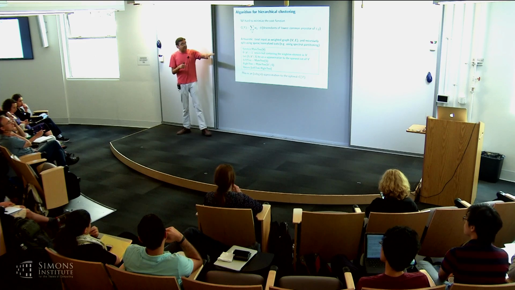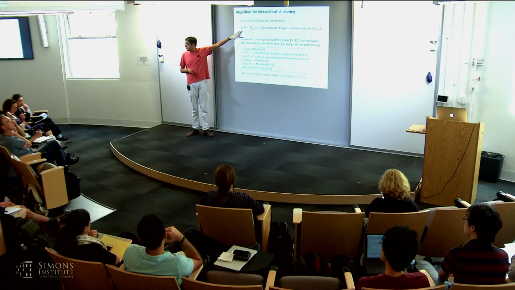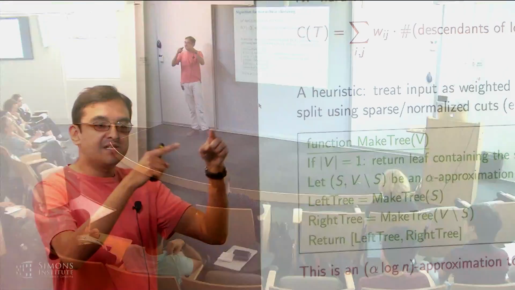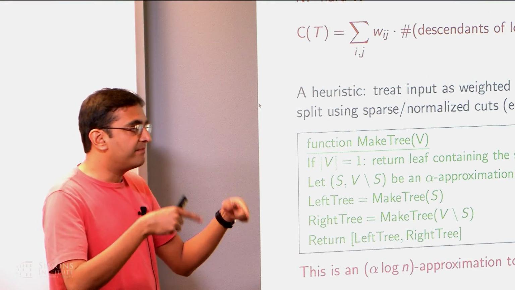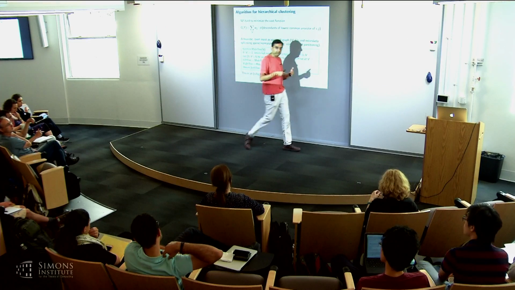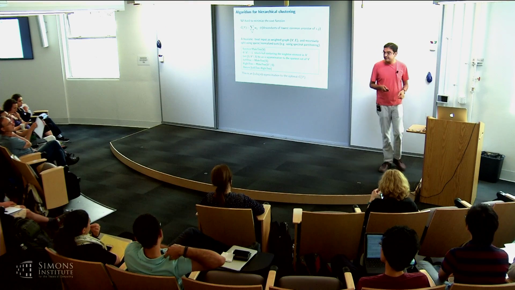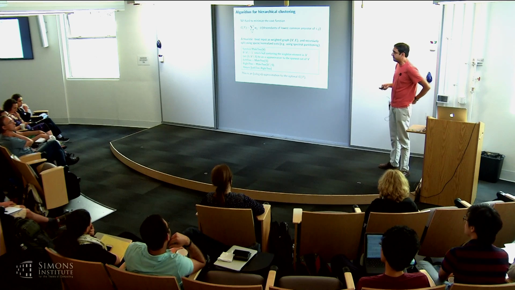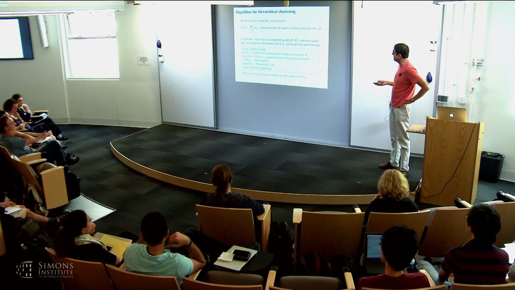You're looking at a ratio, and there's nothing in the cost function that suggests a ratio at all. It's just because it's hierarchical that you need to do these ratio cuts in order to get an approximation factor.